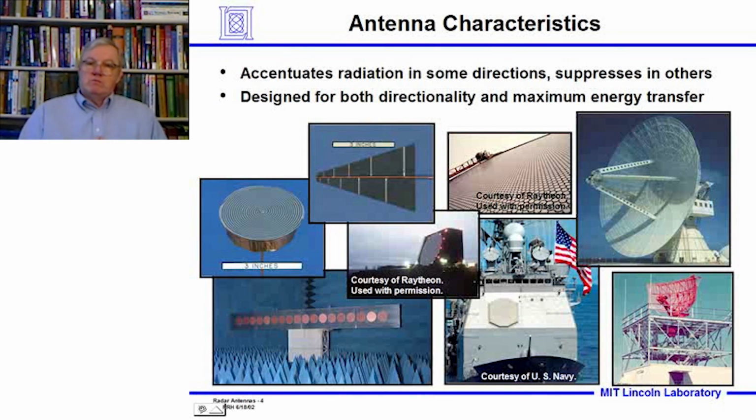Having that very good measurement in elevation and azimuth also allows you to resolve targets that are nearby in angle. If the targets are a couple of soda straws apart, you can resolve them and say, gee, there are two targets near each other. So the antenna allows you to resolve targets also. It also has control, depending upon the number of soda straws that you have to transmit, so to speak, before you've looked at all the space you want to.